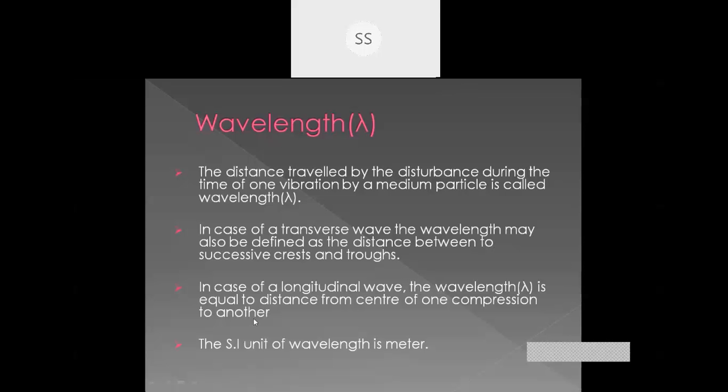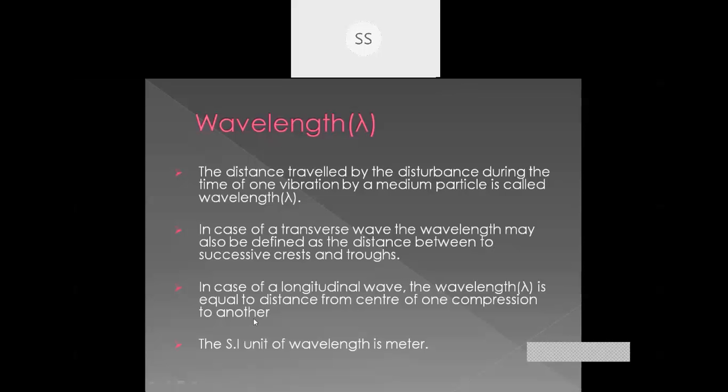In case of a longitudinal wave, the wavelength lambda is equal to the distance from the center of one compression to another. We know that in a longitudinal wave, the particles of the medium vibrate along the direction of the wave. If the wave is traveling horizontally, then the particle of the medium goes forward once and backward once. This is to and fro motion.